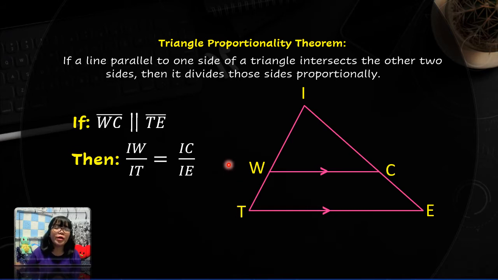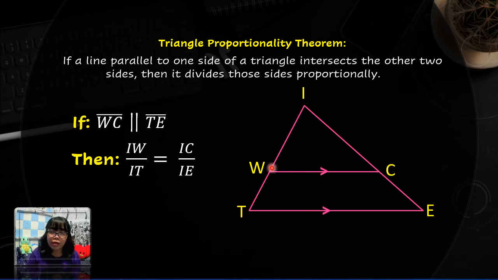And remember, if IW divided by IT is equal to IC divided by IE, that means they are proportional. And knowing that this included side, remember this is angle I, is part of our smaller triangle and also part of our bigger triangle, and angle I is congruent to angle I by the reflexive property, that means these two triangles are indeed similar to each other by SAS.